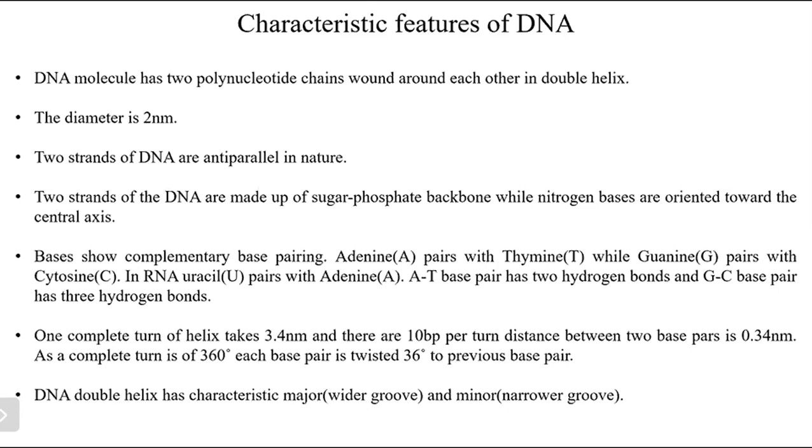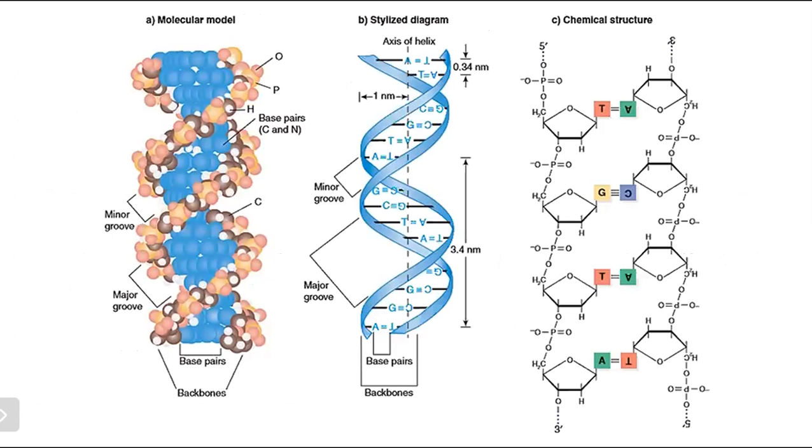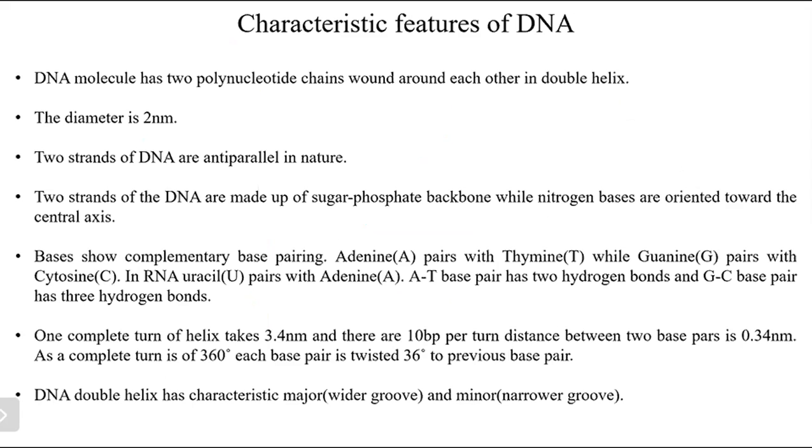That's why here you can see the twisting of the DNA in the first and second diagram. Because the base pair turns by 36 degrees, the DNA forms a double helical structure. And lastly, the DNA double helix has a major as well as a minor groove. So all these are characteristic features of DNA.